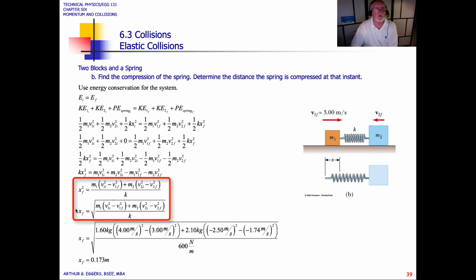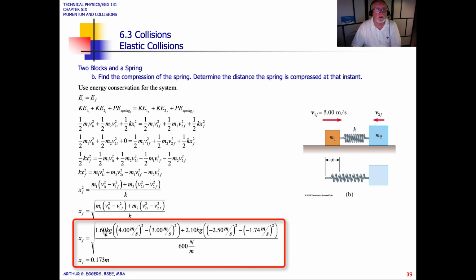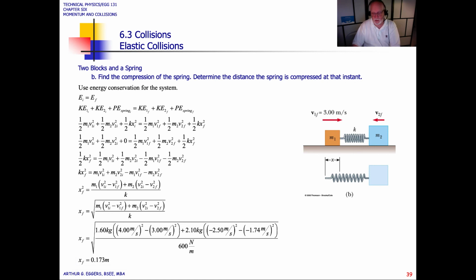Once we do that, take the square root of both sides, now we have the equation ready to start dropping numbers in. So when we drop all of our given values in, we divide by 600 newtons per meter, and we get a compression, or a distance that the spring has compressed, of 0.173.